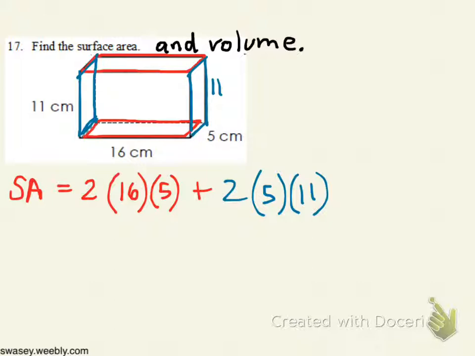And then we also have the front and the back. And so this front rectangle is 16 by 11, and same with the back one. So we got 2 of those 16 by 11s.